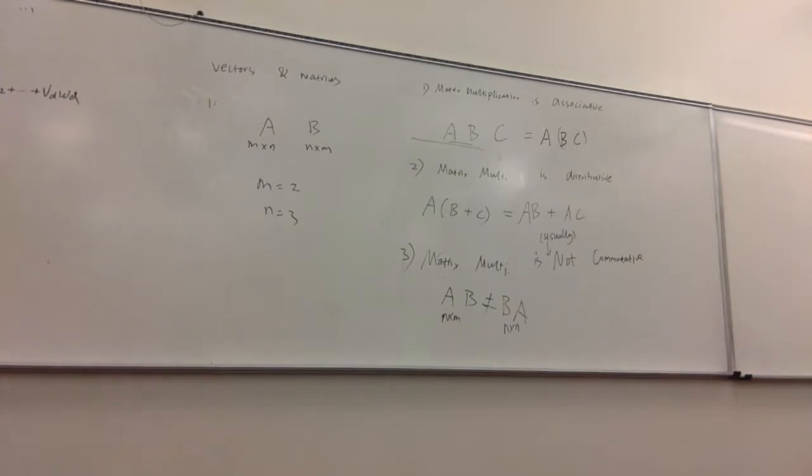So now let us consider how we can represent the inner product in terms of matrix multiplication. As we just mentioned, it is a special case of matrix multiplication. So how can we represent inner product as matrix multiplication?